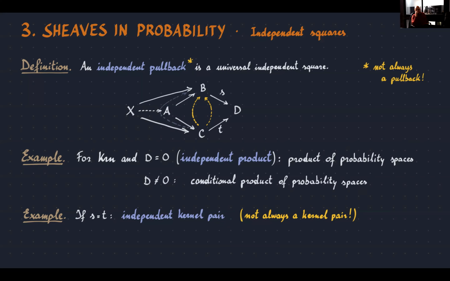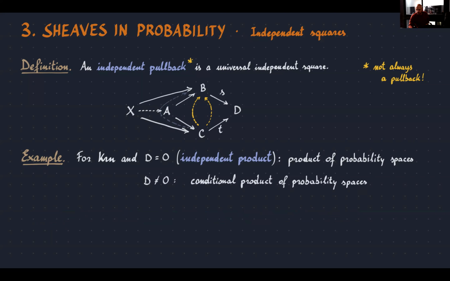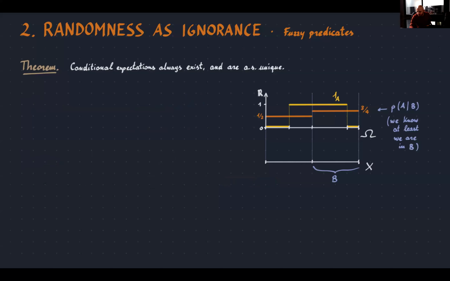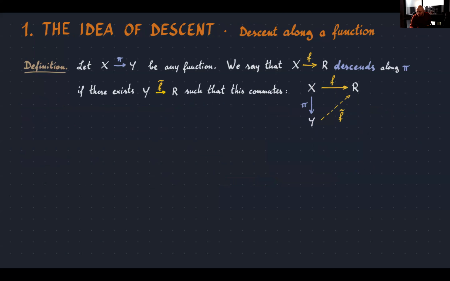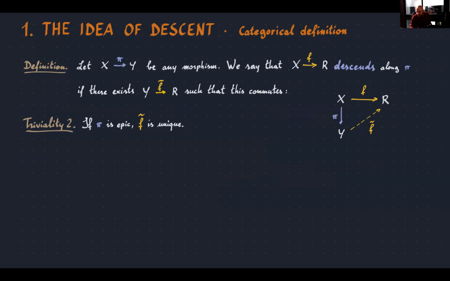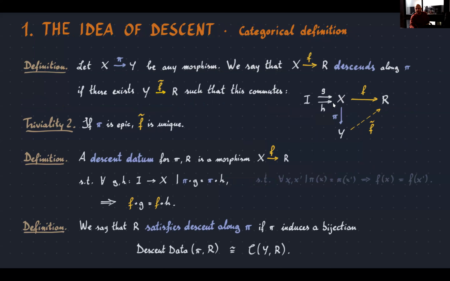And if you don't want to use independent squares directly, you can still test everything using every pair of arrows. So you still have this condition that you can check for every i. Like in usual descent theory, if there's a kernel pair, then you just need one object here.